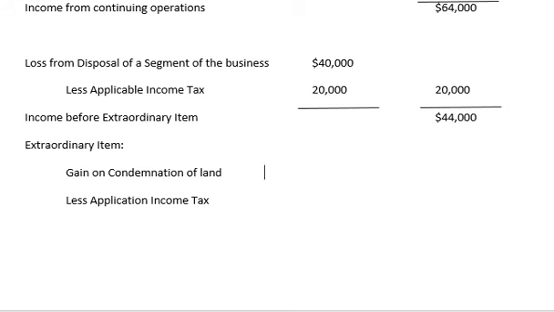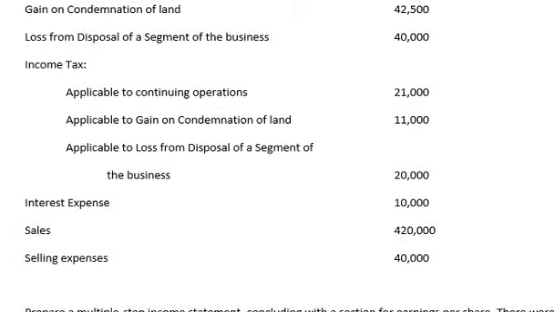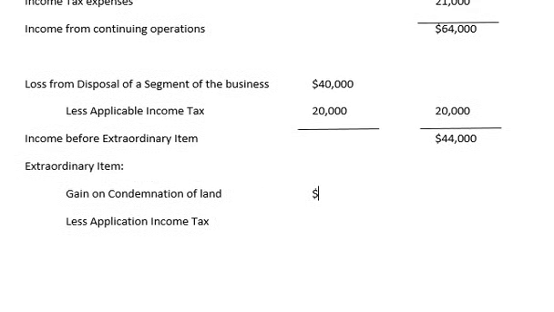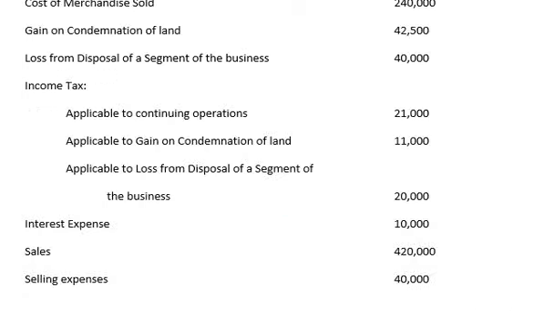So we have the gain of the plant, which is 42,500. And the tax is about 11,000.